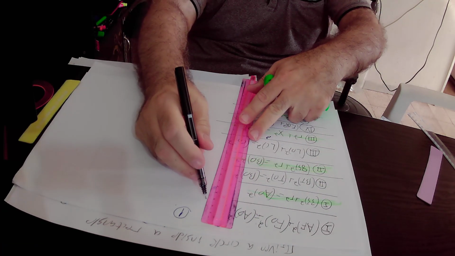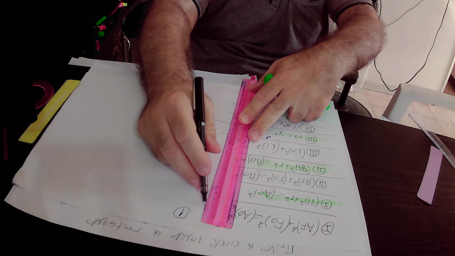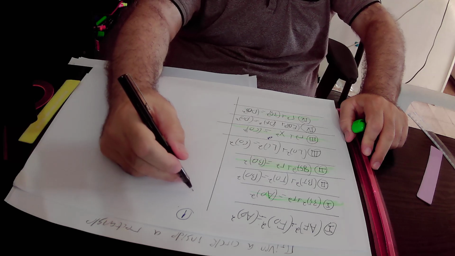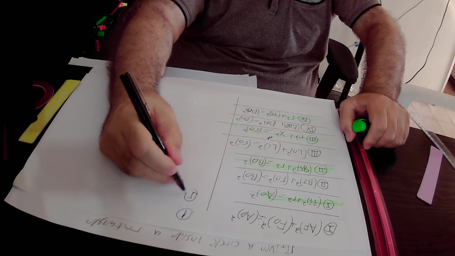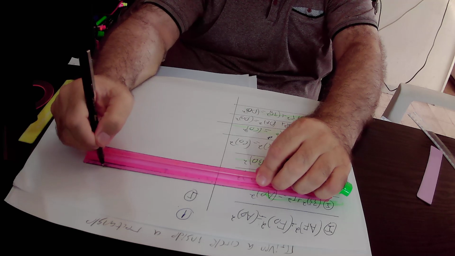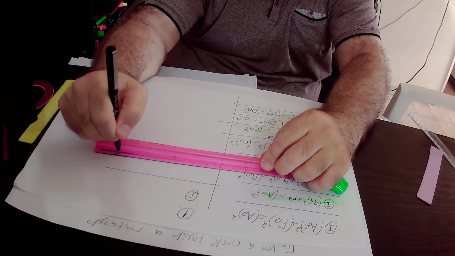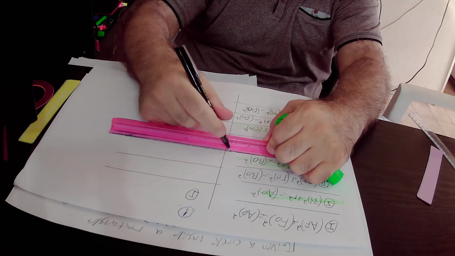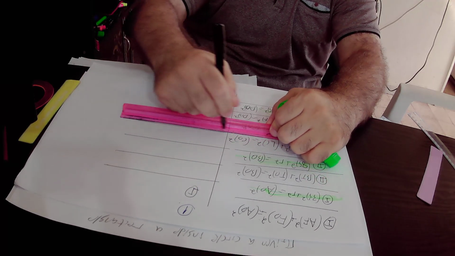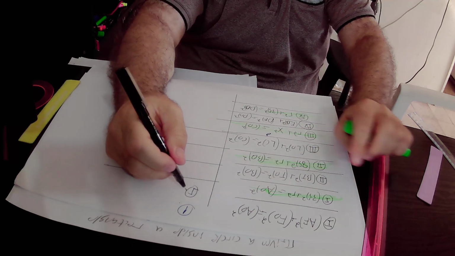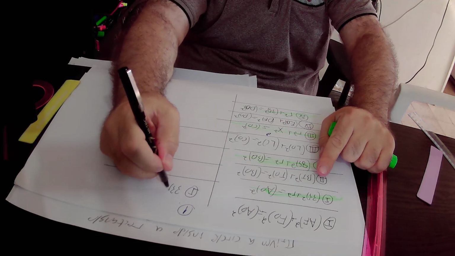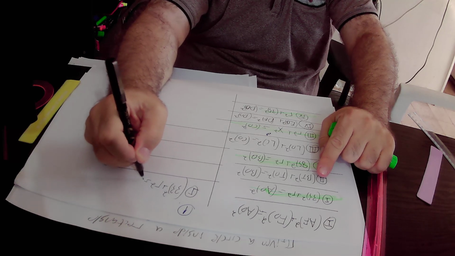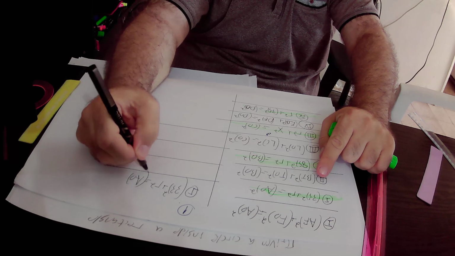So I will copy the 4 equations here. According to equation number 1, 33 squared plus R squared equals AO squared.